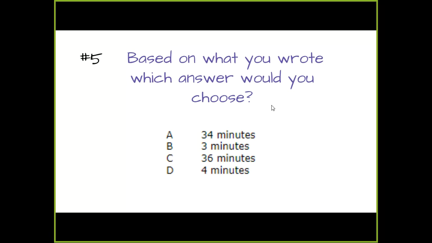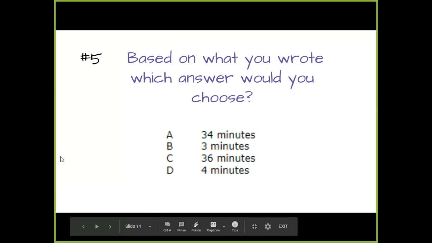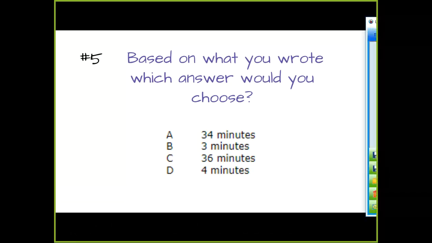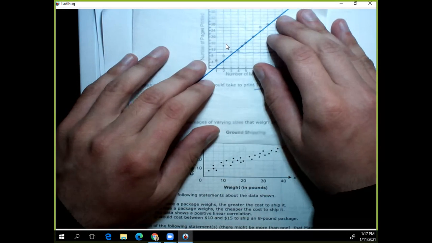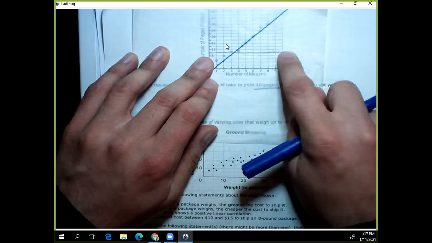All right, so back to this. Based on what you wrote, which answer would you choose? Which one did you say? B, yeah. So let's go back to this real quick. On here we did our horizontal line this time to land on 10.